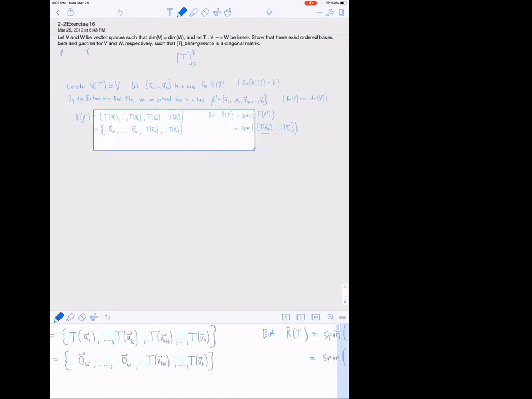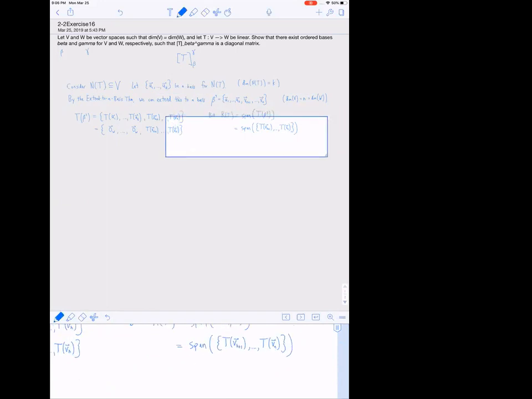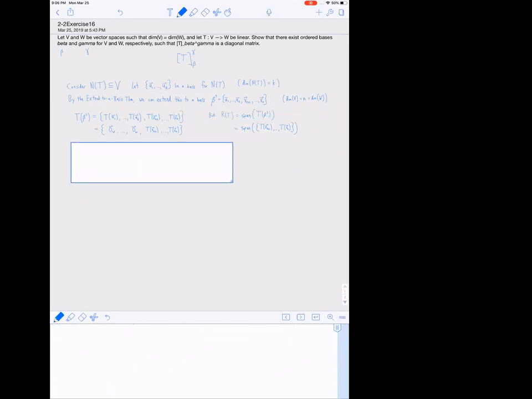However, this set, T of Vk plus 1 up through T of Vn, is a linearly independent set. One way to see that is by the dimension theorem.